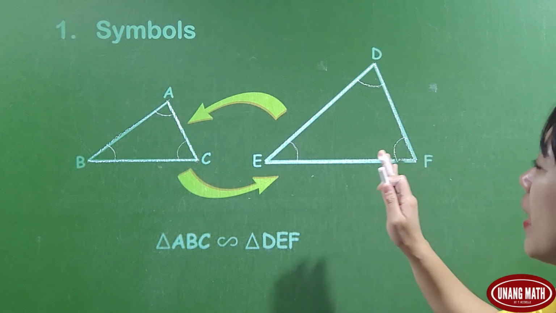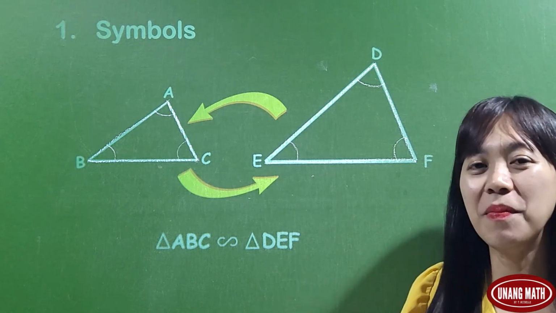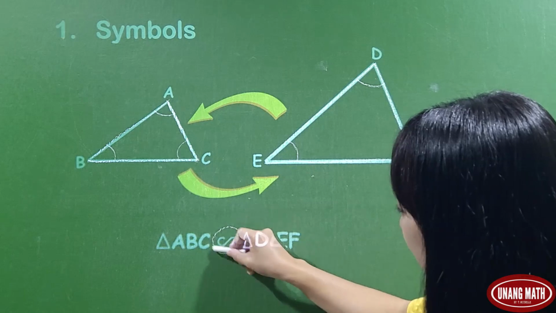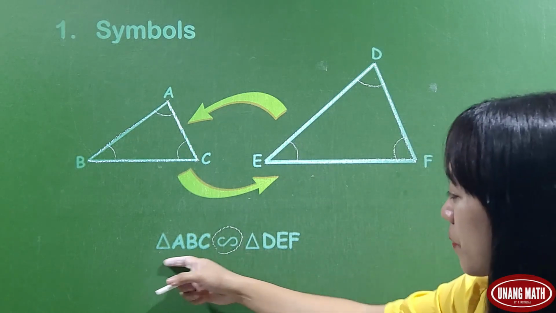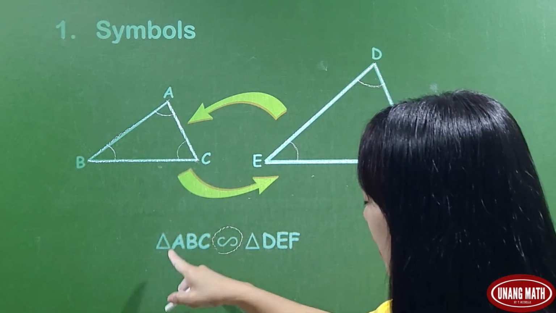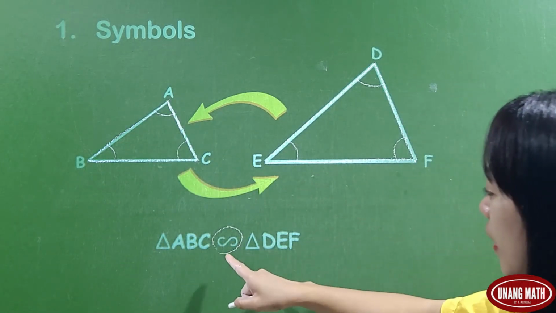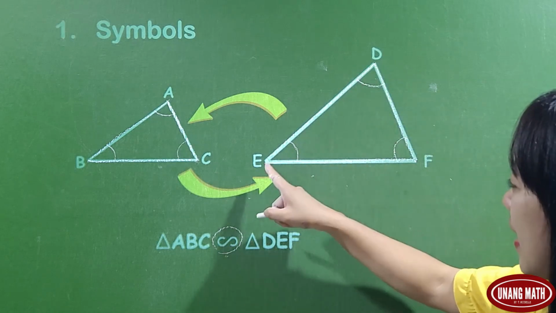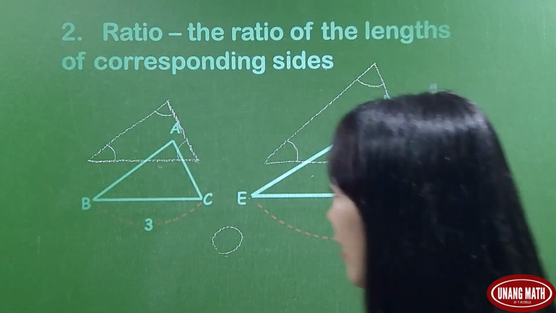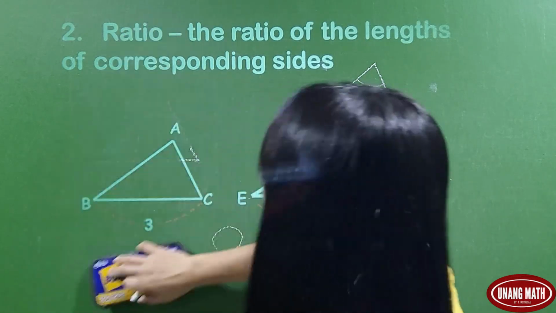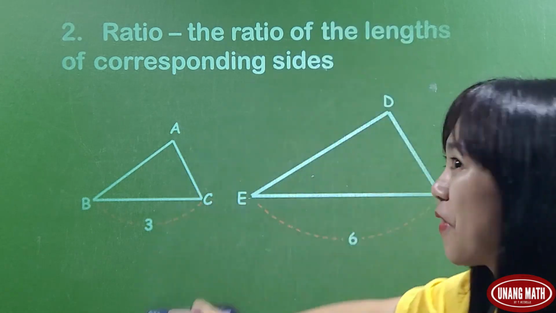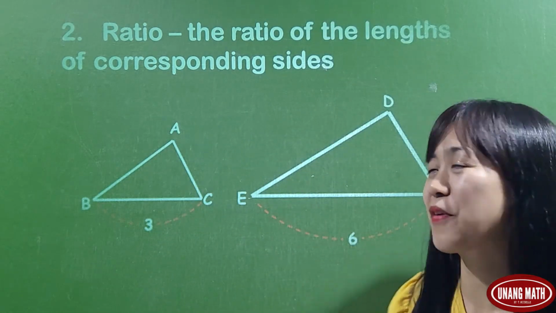Okay, now, in naming similar figures, we are going to use this symbol. If we read this one, we have here triangle ABC is similar to triangle DEF. Okay, moving on, let's talk about the ratio of the length of the corresponding sides of these similar figures.